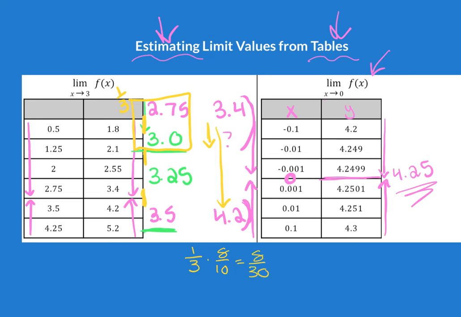And that's a change that I need to add to 3.4. So if I add the change to my 3.4, I'm going to get 3.6 repeating. So as I'm approaching 3, this one is approaching 3.6. This is all just an estimation, but you want to try to get the best estimate possible kind of by breaking these numbers down.